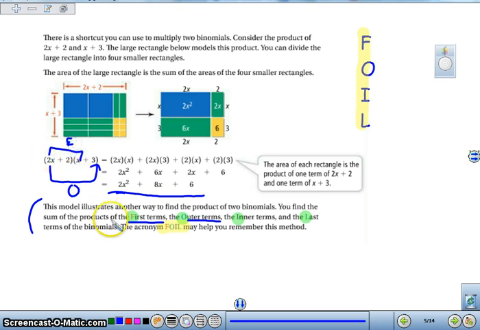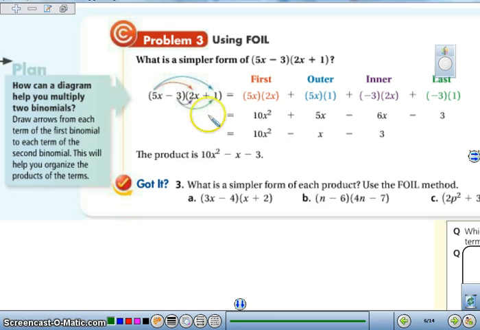That's my first. When I now look at the inner terms, inner is the two innermost terms of each parenthesis. So I'm going to use an I, and I put that in red. And the last one, I'm going to put in green, is for the last two terms in each parenthesis. That's going to be the 2 and the 3. That's our last. So when you look at this: first, outside, inside, last. We're going to do a couple of examples of those.